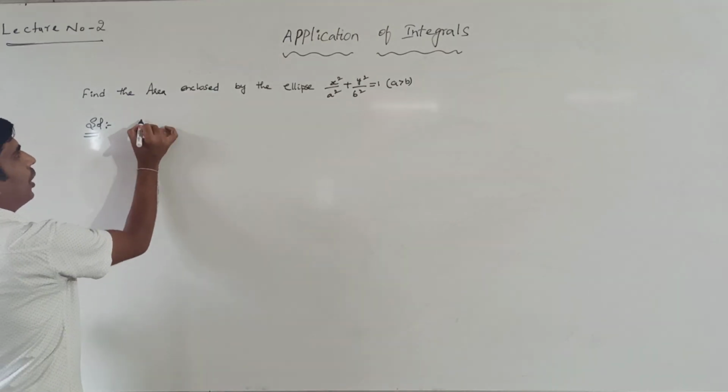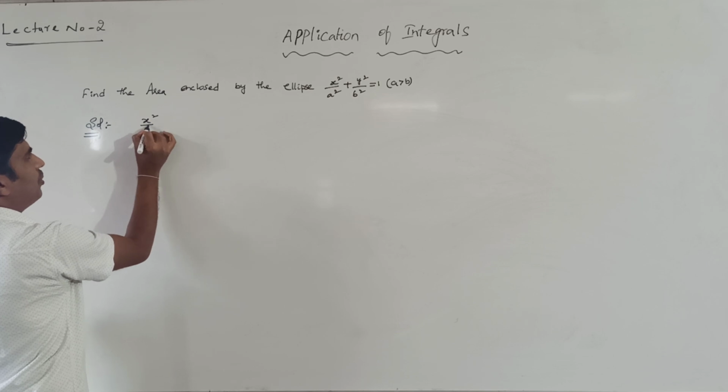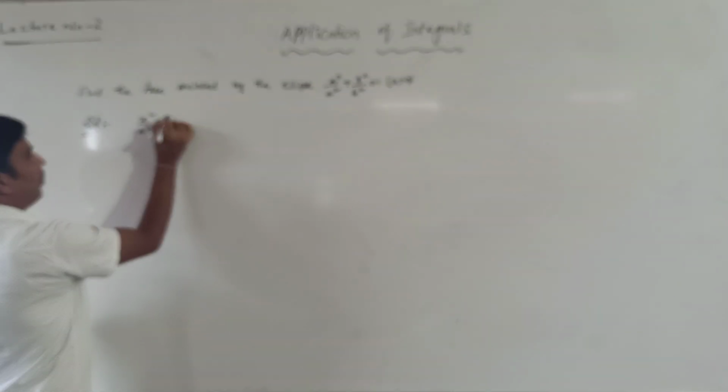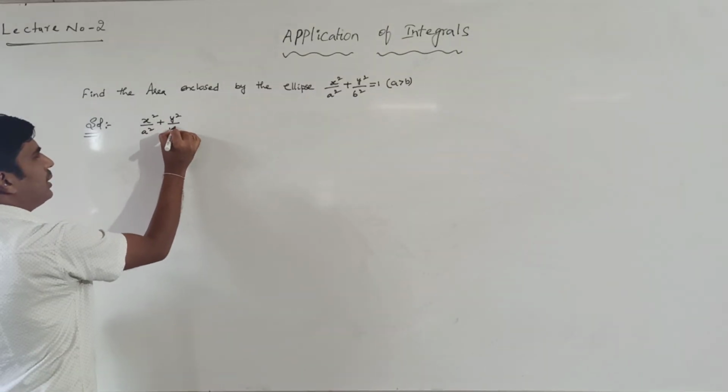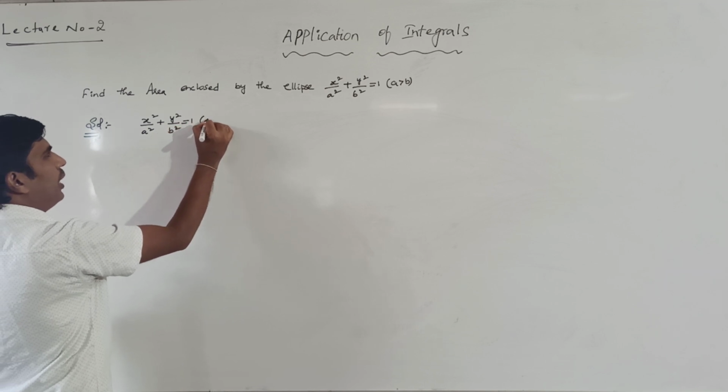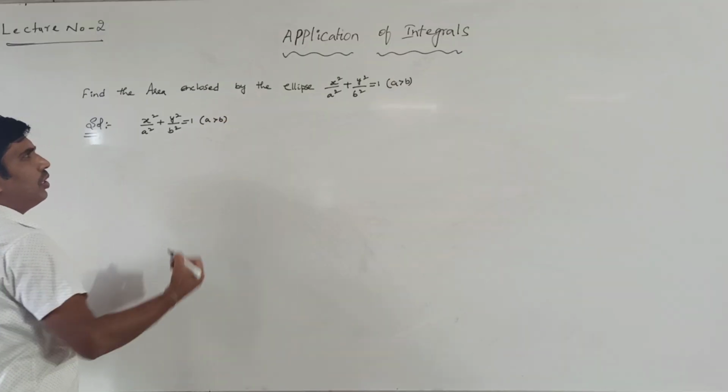See here, given ellipse equation x square by a square plus y square by b square is equals to 1, a greater than b.